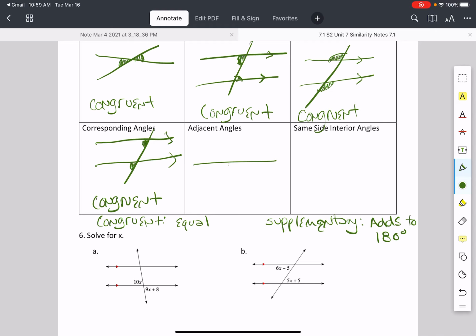Adjacent is just any two angles that are right next to each other. And they are supplementary. And then the last one is another parallel lines thing.